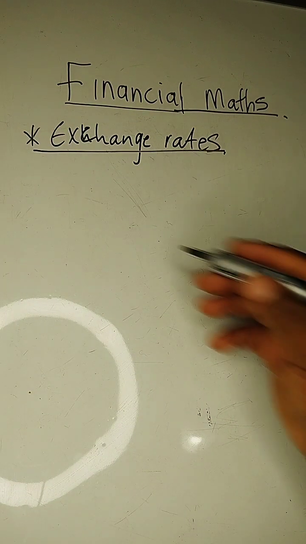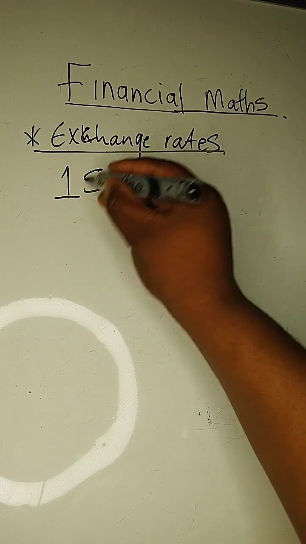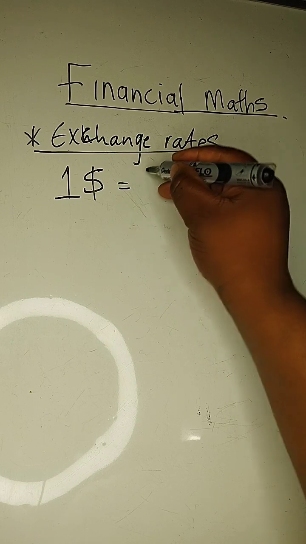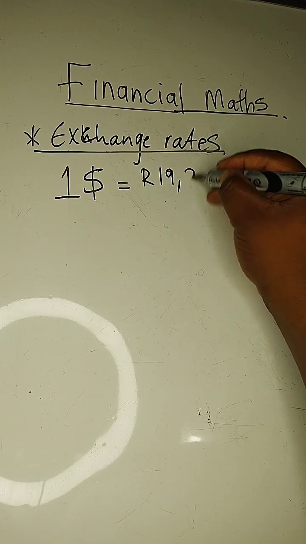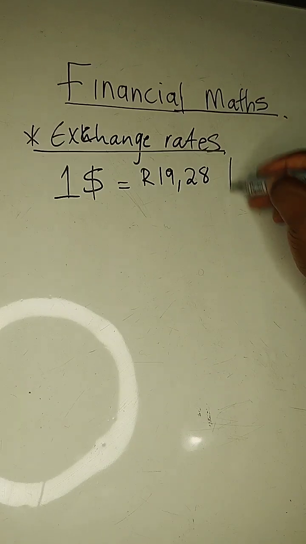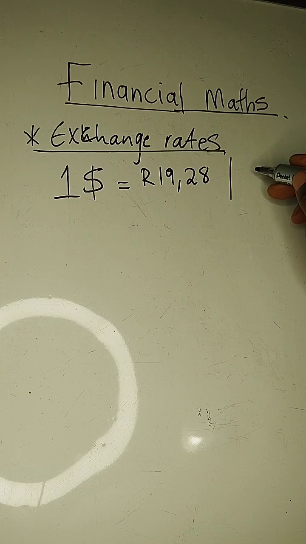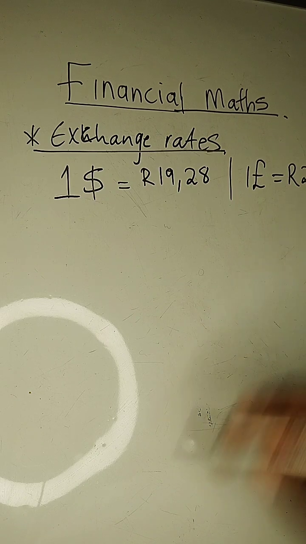Okay, for example, let's say I'm given that $1 is equal to, let's say, 19 rand 28 cents. And then we are also given that one pound is equal to 26 rand 50.